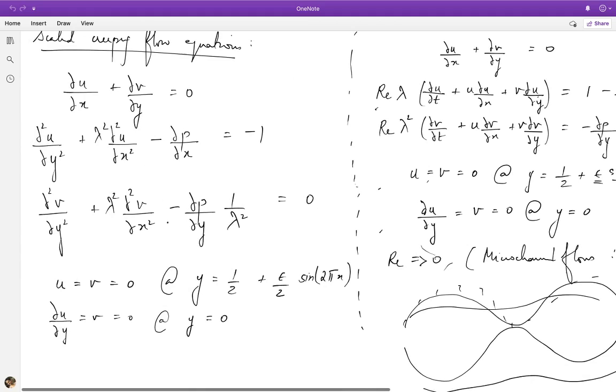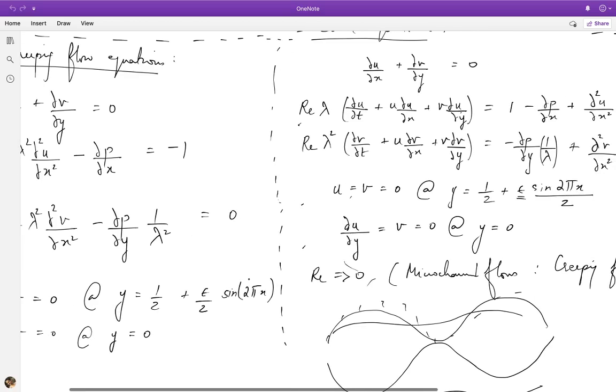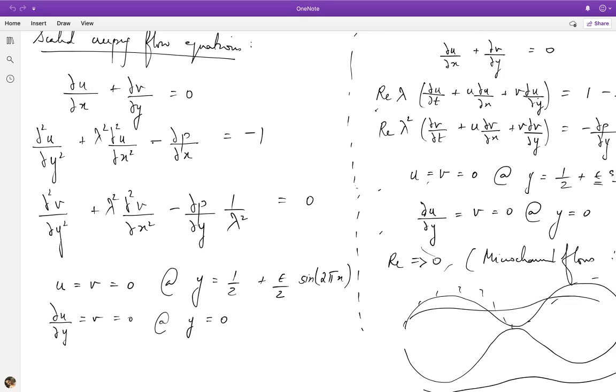So although I have not written down boundary conditions for x, basically I do have boundary conditions, because I'm going to look for a solution that's valid far from the entrance of the channel, where we expect the velocity field to also be periodic in x, with a wavelength that makes sense to be equal to that of capital L, or some multiple of L in general. But here we'll see that being a simple linear problem, it just takes on the periodicity of the boundary. So we do have boundary conditions in x, they are just periodic boundary conditions with wavelength L. Or in this case, with wavelength 1 in the x direction, since we've scaled the problem. Alright, so that takes care of the boundary conditions.